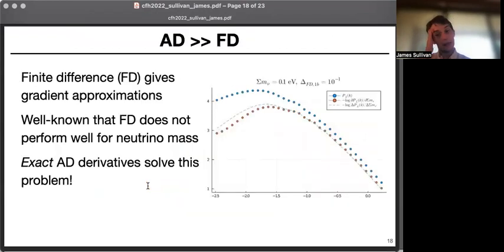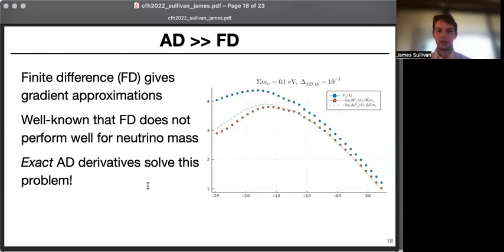And one thing you might be thinking is that, well, if I know that my observables are smooth with respect to these cosmological parameters, why not just use finite difference? And while it is true that for some of the parameters, you can just do that because the functions are very smooth and slowly varying, there's no reason that this should be true in general for extensions or even for massive neutrinos. It's well known that massive neutrinos don't have great finite difference derivatives.